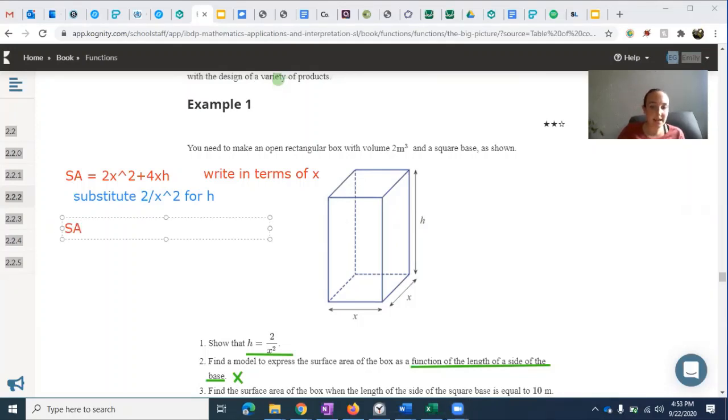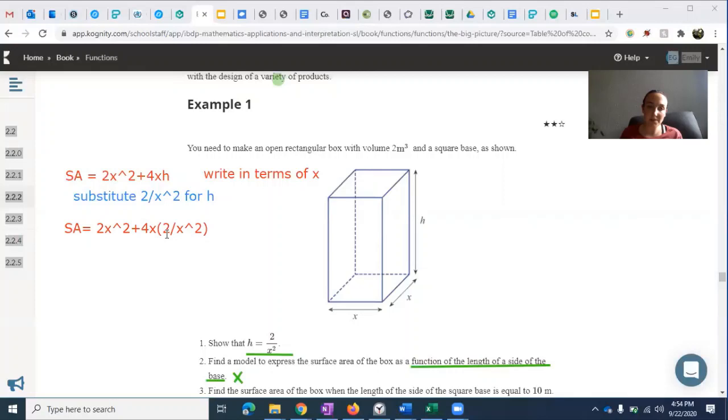So we'll say SA equals, and we'll copy the same 2x squared plus 4x, and then the h will be that 2 divided by x squared. This is one way that I can express the surface area in terms of x.